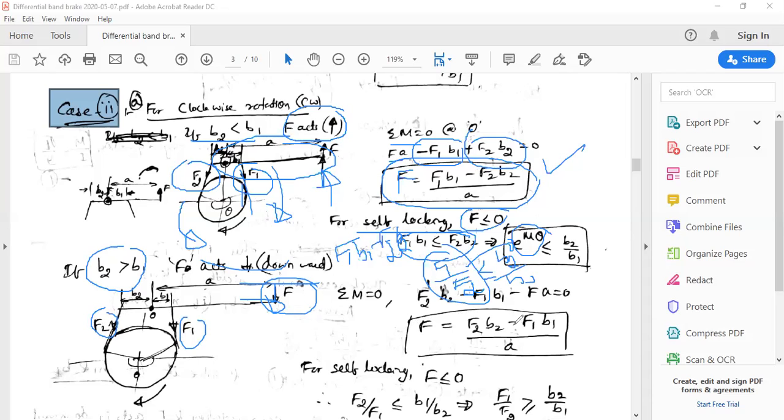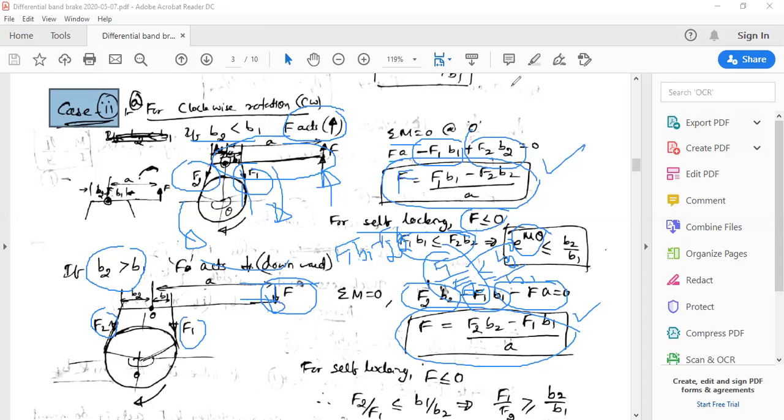Earlier it was anti-clockwise, hence it is written with the negative sign. The remaining terms have the same sign conventions. F2 B2 is positive, F1 B1 is negative, and F A is also negative. So F is formulated as F2 B2 minus F1 B1 divided by A. This is another equation for F.